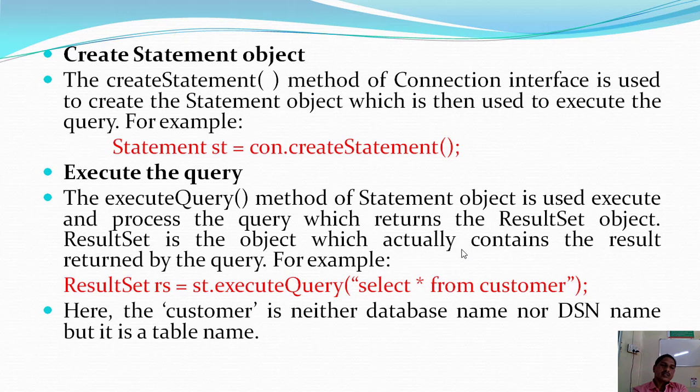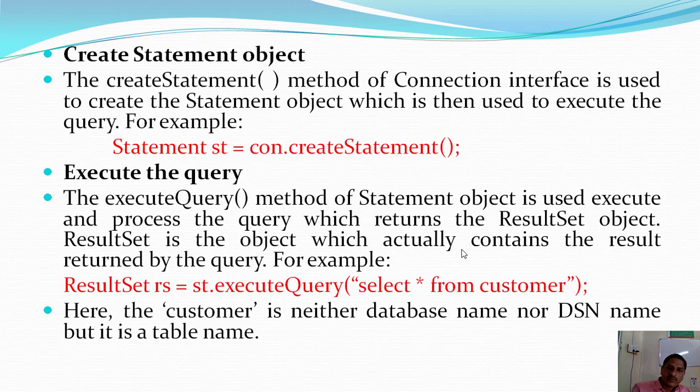ResultSet is the object which actually contains the result returned by the query. For example: ResultSet rs = st.executeQuery("select * from customer"); Here customer is neither the database name nor the DSN name, but it is a table name.